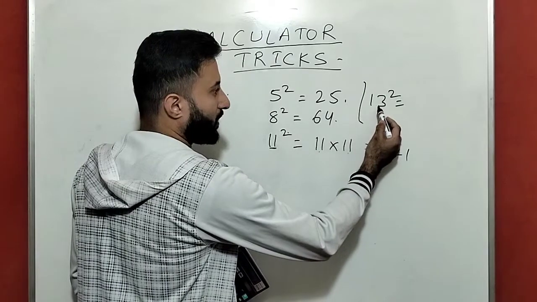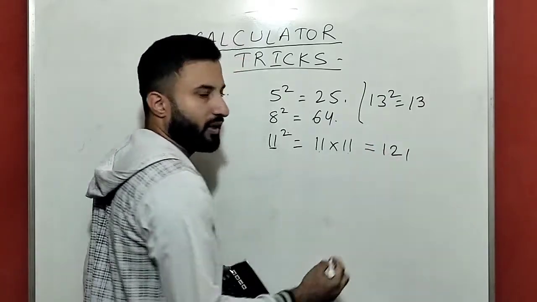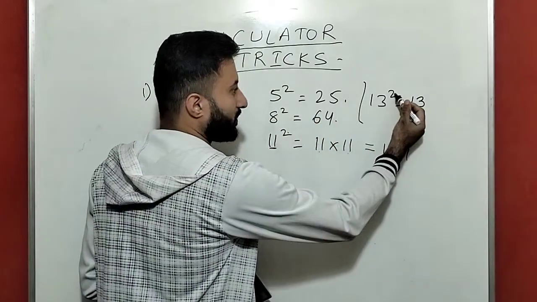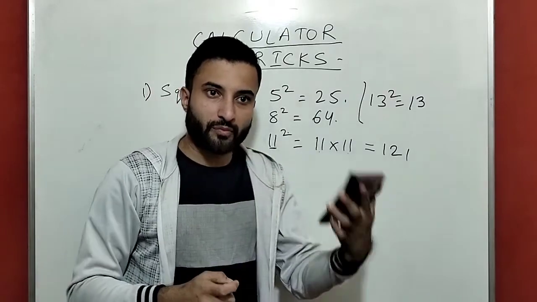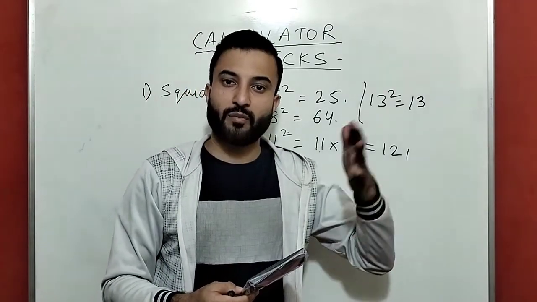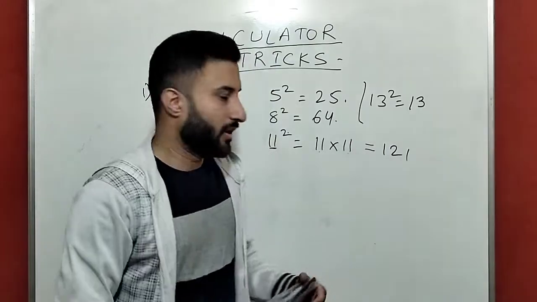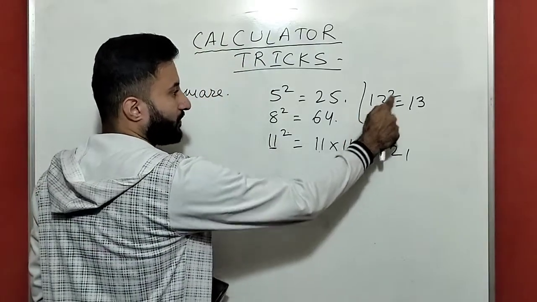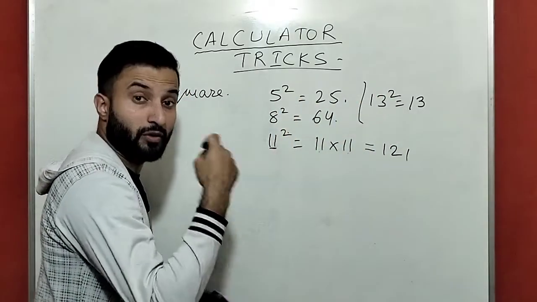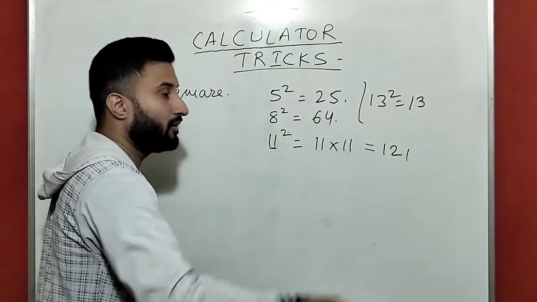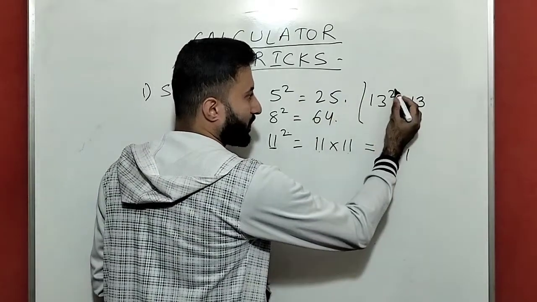How to find the square of 13? 13 square means we multiply 13 two times, because this is a square. Whatever the power is, we multiply that number that many times. 13 power 2 means we multiply 13 two times.